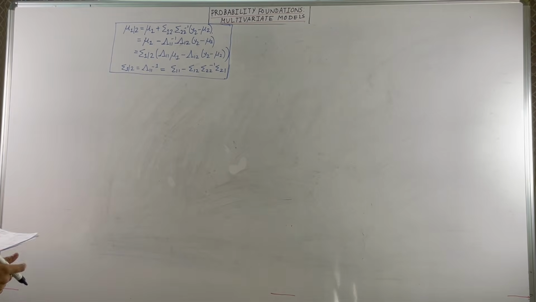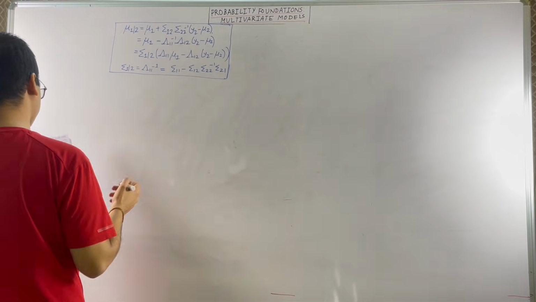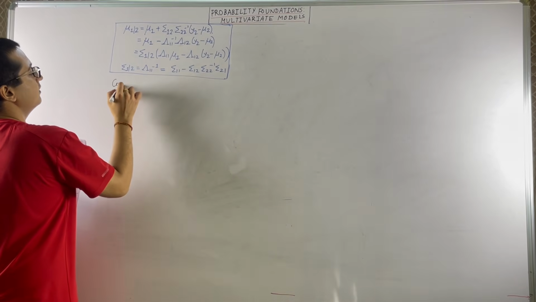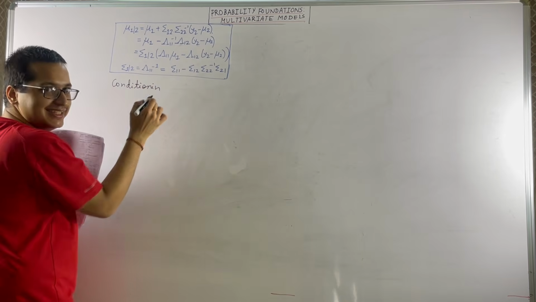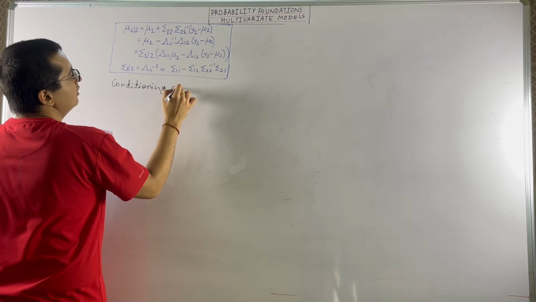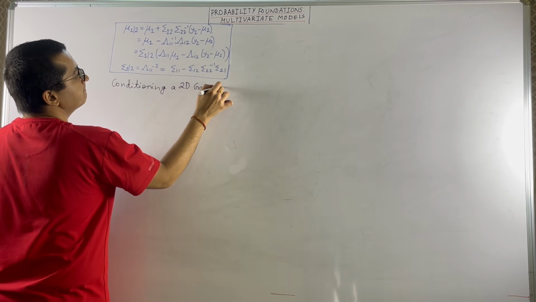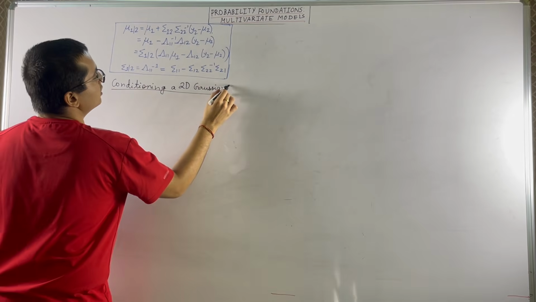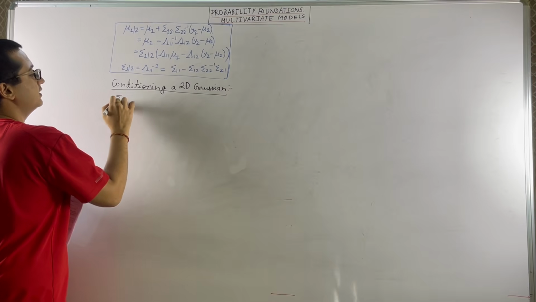Okay, so let's discuss conditioning a 2D Gaussian. All right, so let's take a simple case. Conditioning a 2D Gaussian is just an example, okay? Conditioning a 2D Gaussian, all right? So what will sigma be?